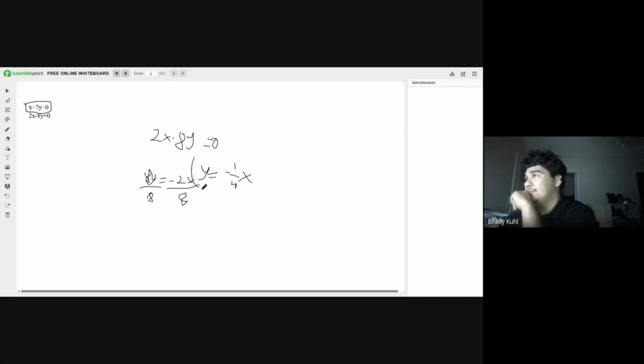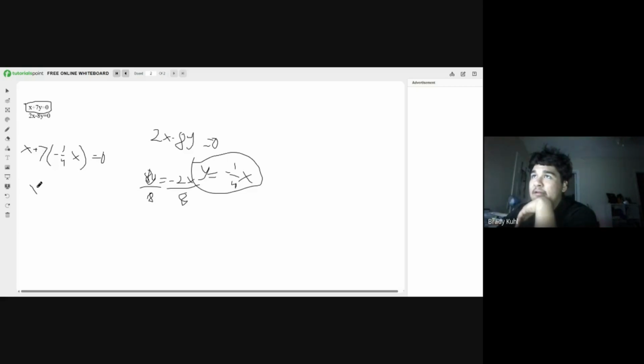Because you know y equals that, now we got x plus 7 times negative 1/4 x equals 0. Do the FOIL method, x plus negative 7/4 x equals 0. x minus 7/4 x equals 0.